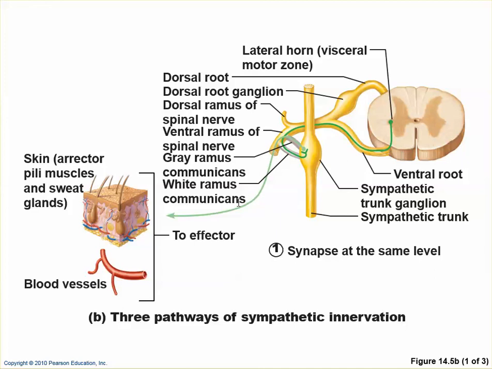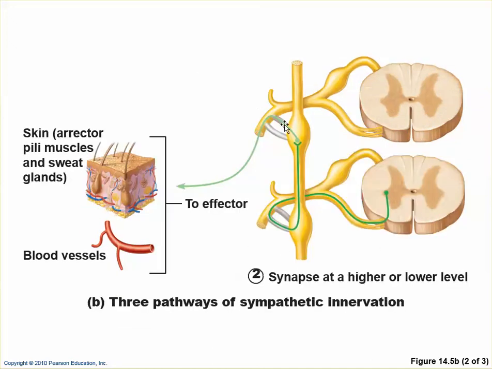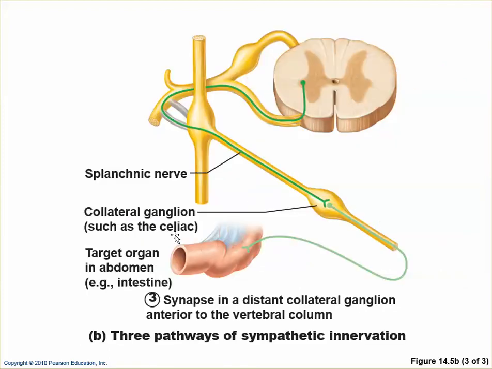Postganglionic goes this way through the gray ramus communicans and extends along the nerve. And it would be the ventral ramus of the nerve. It can also go up and do it. So this white, that gray, or it can go down. And so it would be basically out this way through this white and down and out that gray. Or it can pass right through and go out to another ganglion.